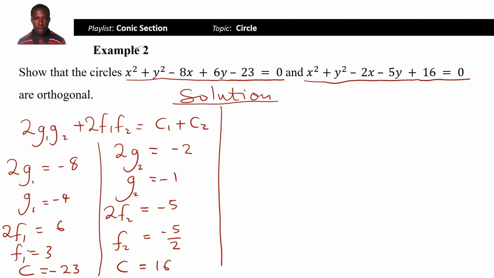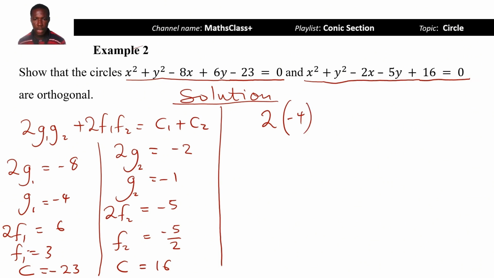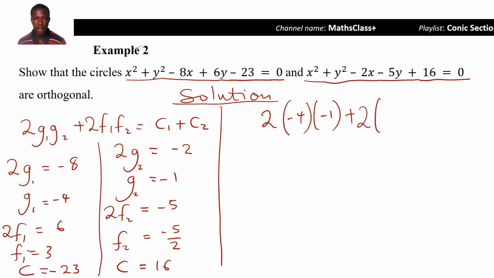So we see how we prove it. 2 times j1, which is negative 4, times j2, which is negative 1, we are adding it to 2 times f1, which is 3, multiplying f2, which is negative 5 over 2. And then this should be equal to negative 23 plus 16.